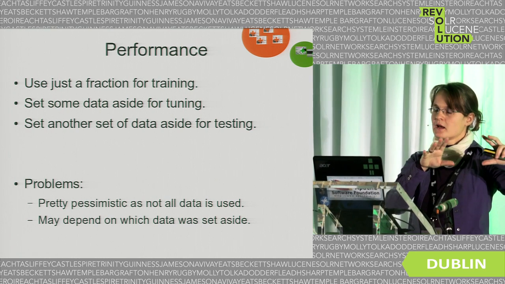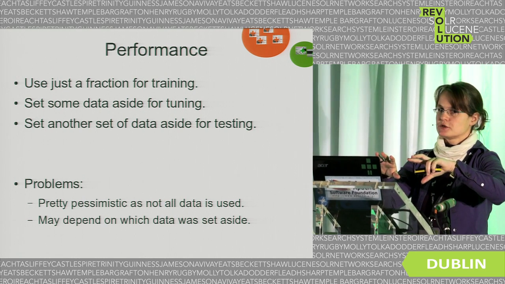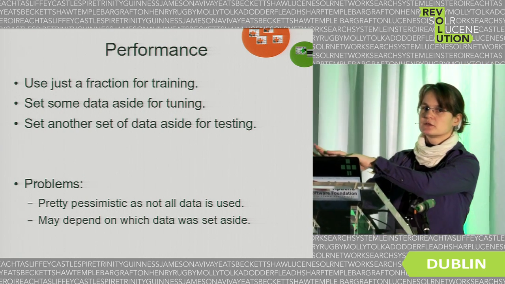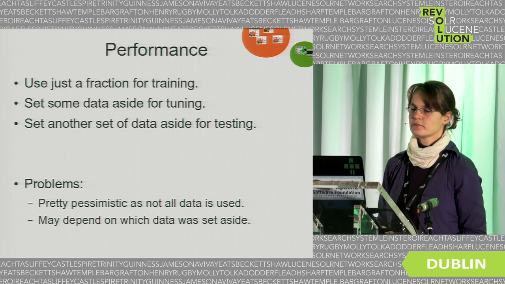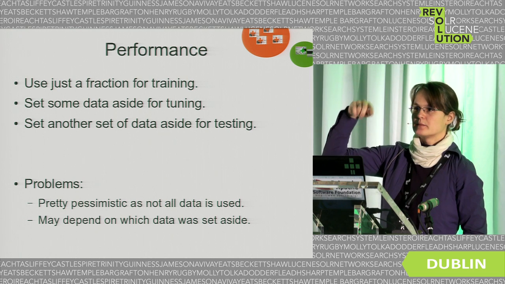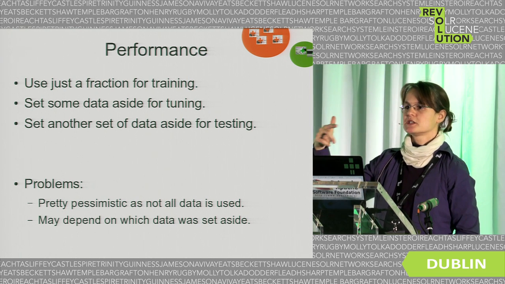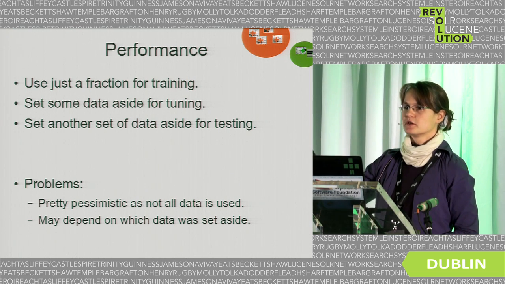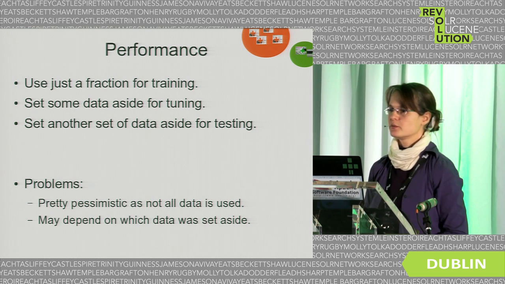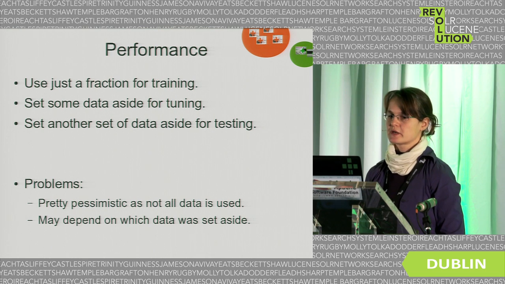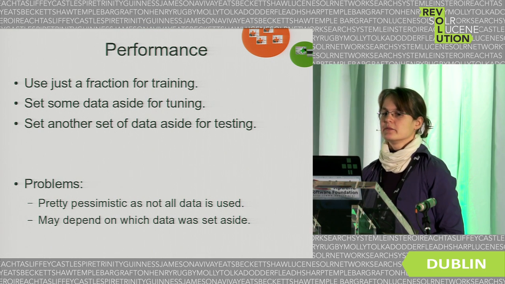So since you can't do that, what we will do now is to come up with one set for training, one set we use for parameter tuning, and one set we use in order to predict how good our model will be in production. And we can again come up with this cross-validation setup where we iterate through all sets. It will be a little more pessimistic than what we did before because we use less data for training.